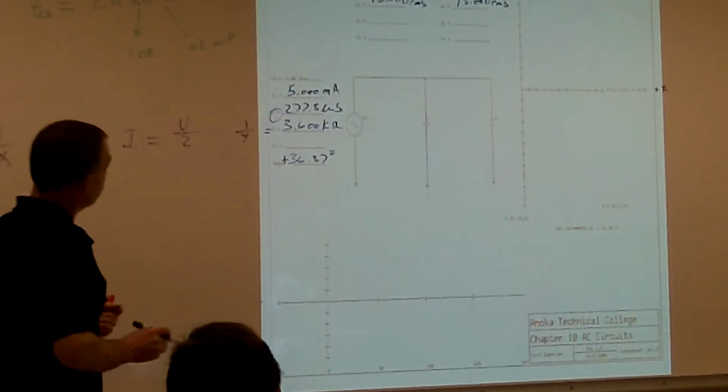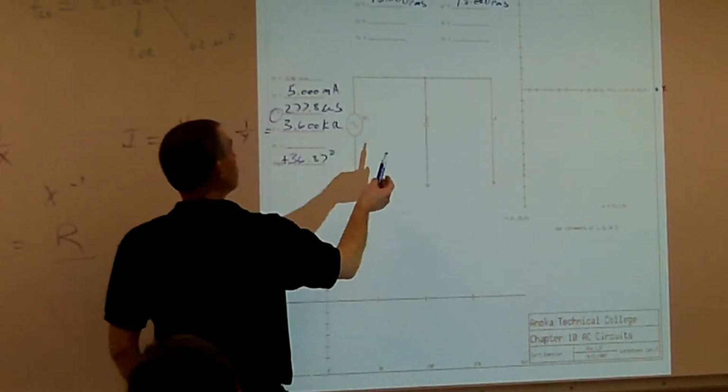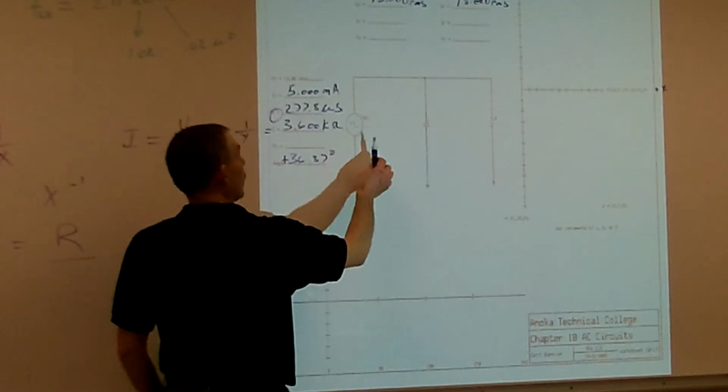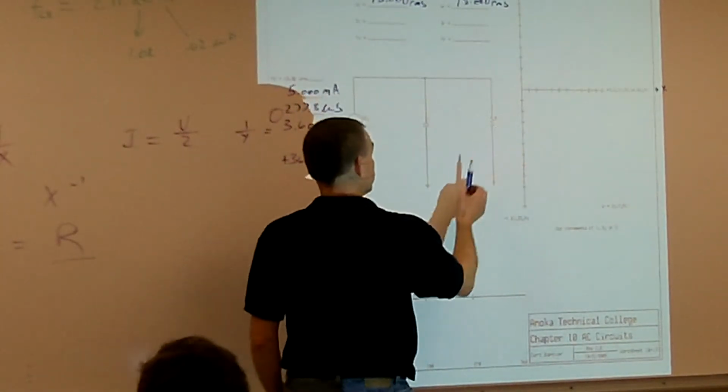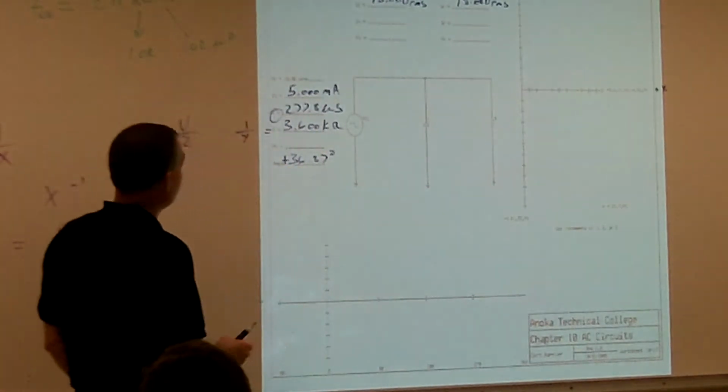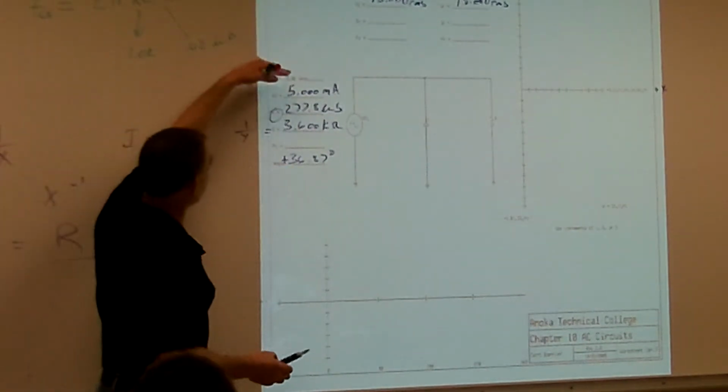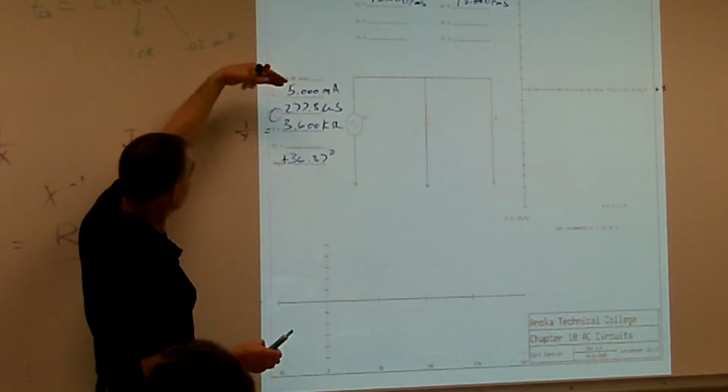Now, so we get to practice our calculators, what we want to do is find out what our current is for our capacitor and our current for our resistor. We can do that with our polar to rectangular function. This time we're going to do it with our current.